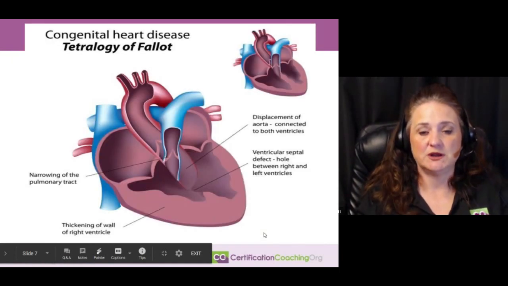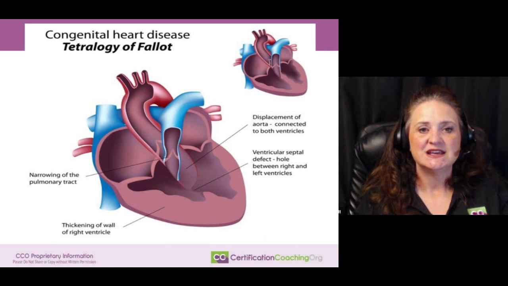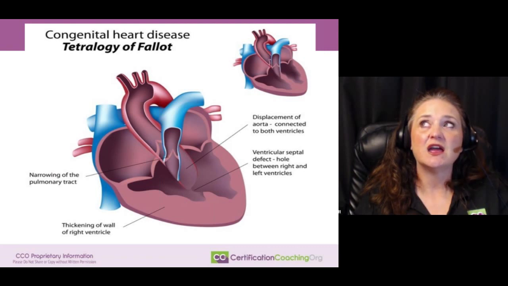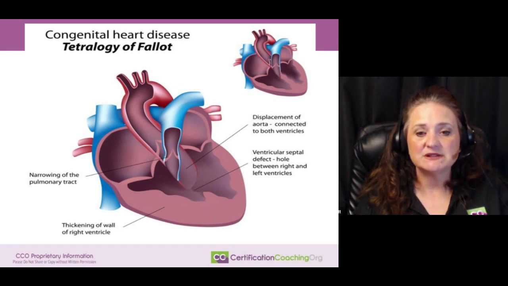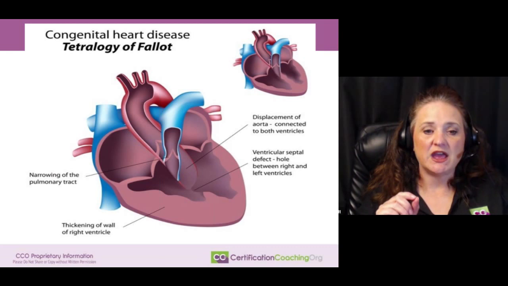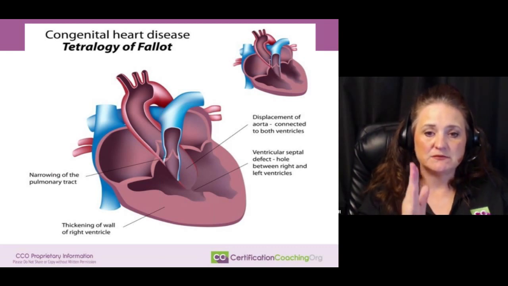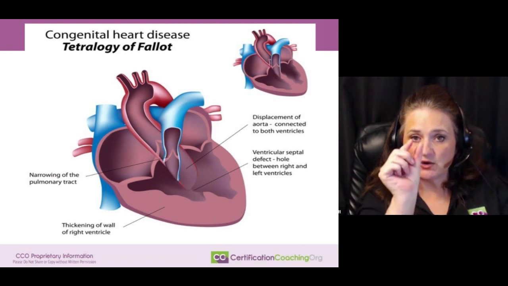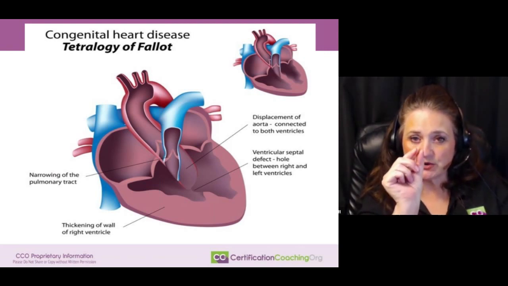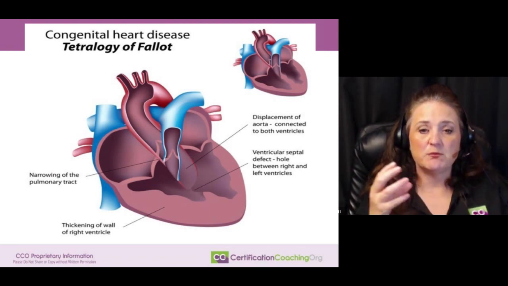Another really common one, and I know somebody that has this, is the tetralogy of Fallot. I can't remember. It's French. It's called a TF. And what happens is there's multiple things that happen with the heart here. We have the pulmonary tract. It's narrower than it's supposed to be, so it's almost like a little stricture or a narrowing.